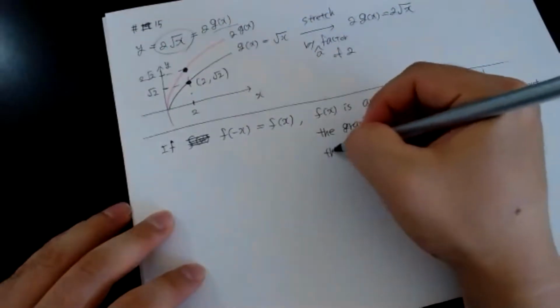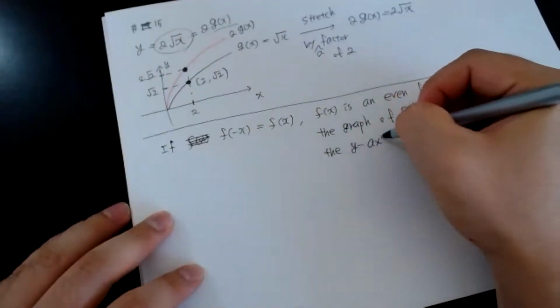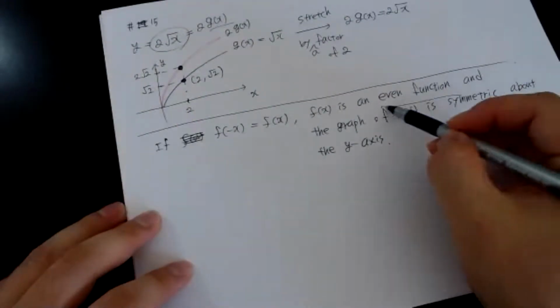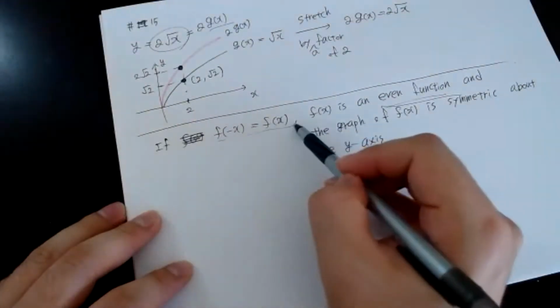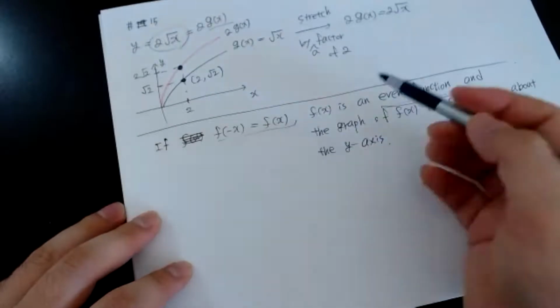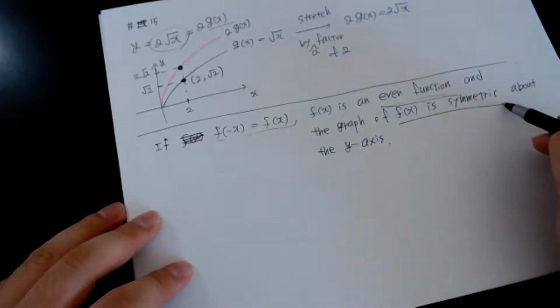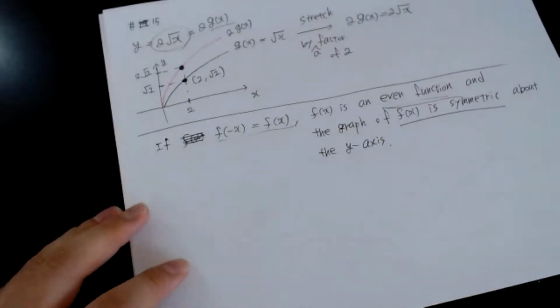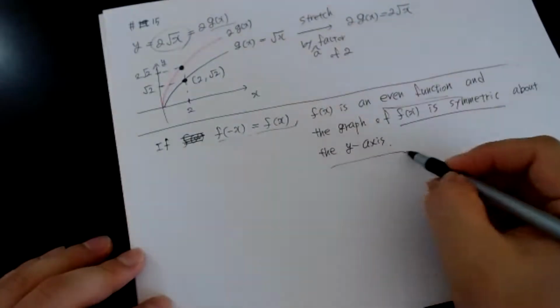Keep this in mind: even function means f of negative x is equal to f of x, and the graph of an even function is symmetric about the y-axis.